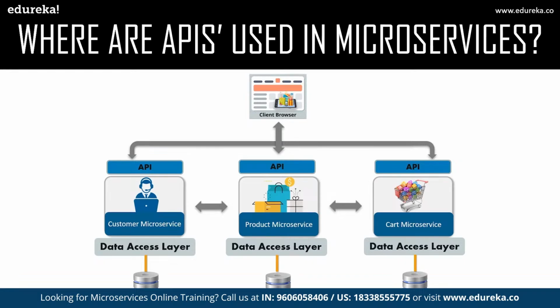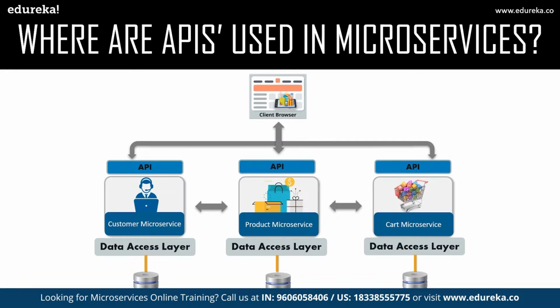Since we want the customer details, this request will directly go to the customer microservice. The required data will be retrieved from the API, and then again, the API will send back the requested response to the client, right? So that's all you have to understand, guys: each service will have its own API, and through that API, you can communicate with that particular service, right?